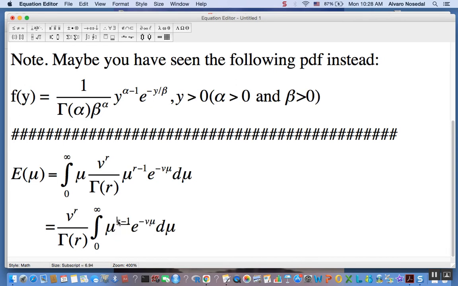Agreed? So let me change that exponent. Now, as you can see, the integrand, this quantity inside our integral, looks rather similar to the kernel of another gamma random variable. But this one has parameters r plus 1 and v. We have done this before, so let's complete that gamma.